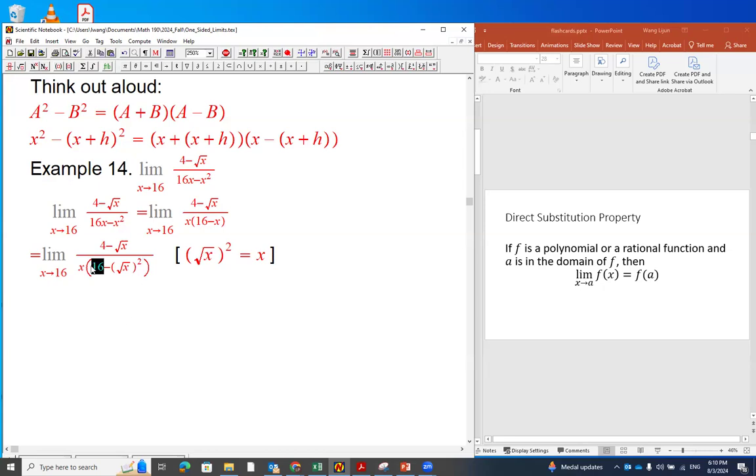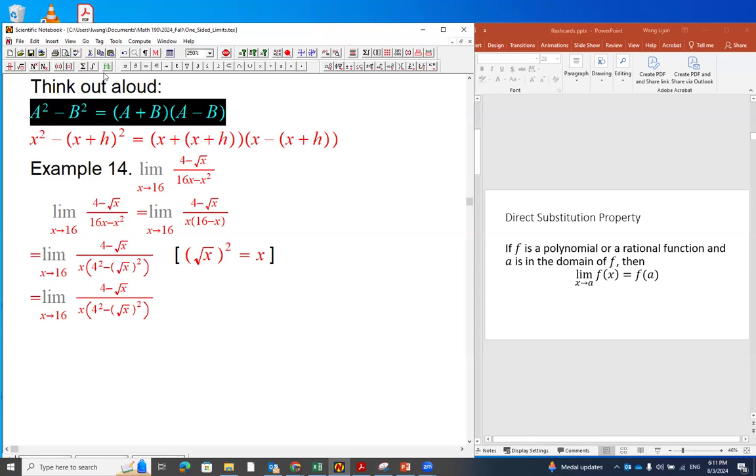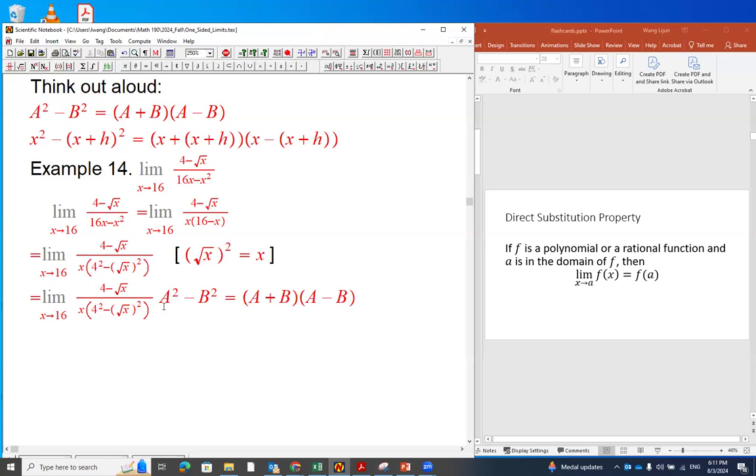And 16 can be seen as 4 squared. So it's a squared minus b squared again. And we're going to factor the denominator. So we factor the denominator, so it's a 4, as a factor, we use this piece, right? Let me bring it over here for our reference.